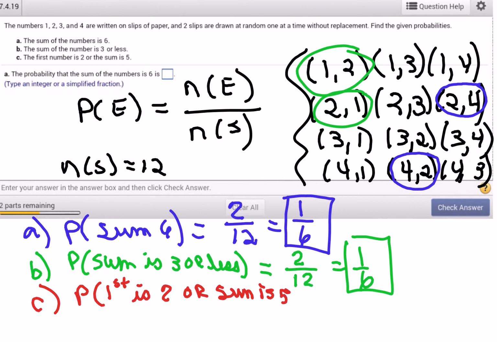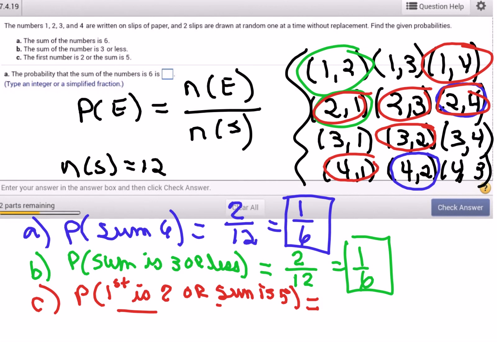Let's look at all the ones that have the first number of 2. That would be 2, 1, 2, 3, 2, 4. And then, or the sum is 5. That would be 4, 1, 3, 2, 2, 3. We already had that one circled. Or 1, 4. So that would be all the ones that would fit.